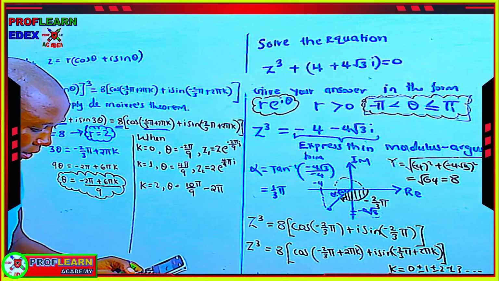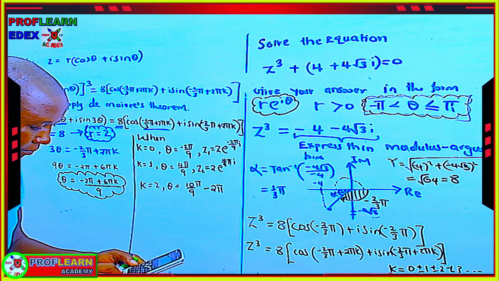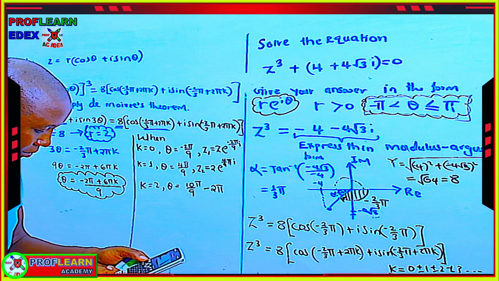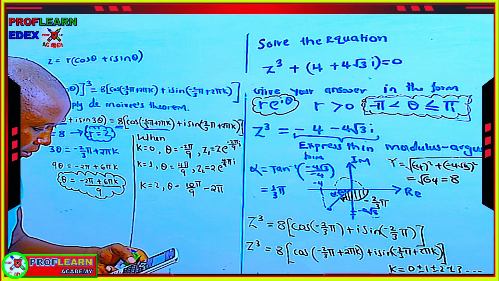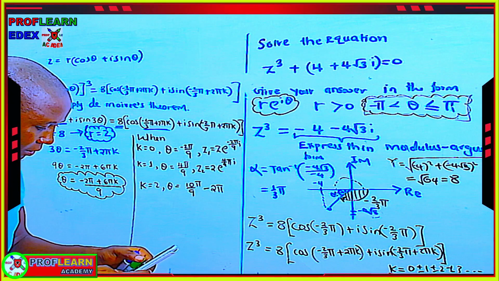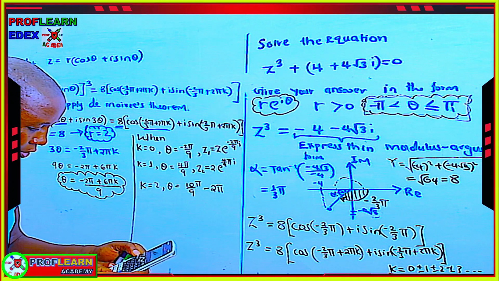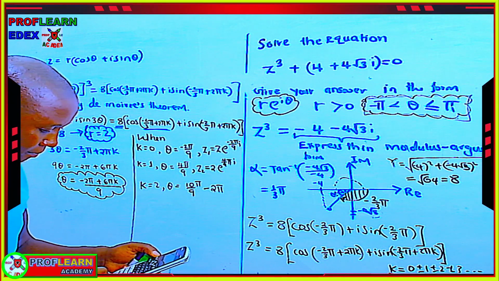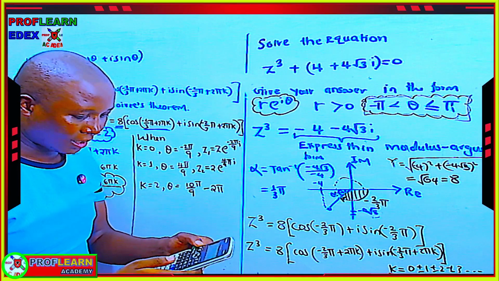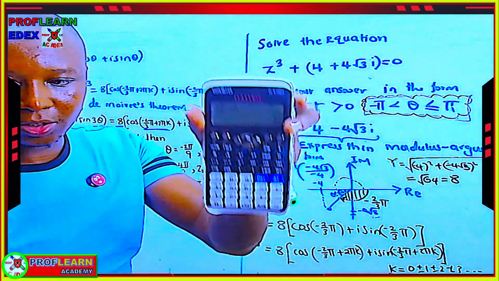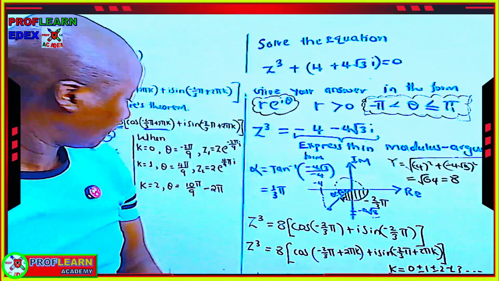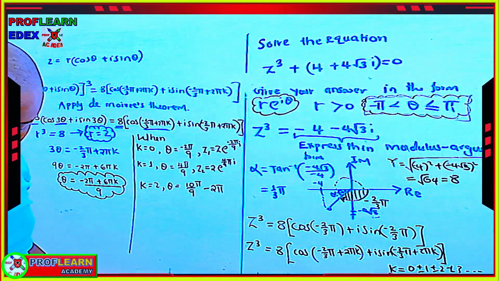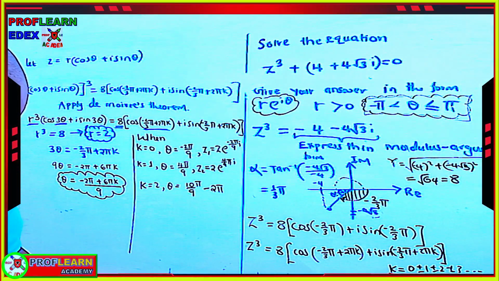It will be 10 pi over 9 minus 2 pi. The answer is going to be negative 8 over 9 pi.